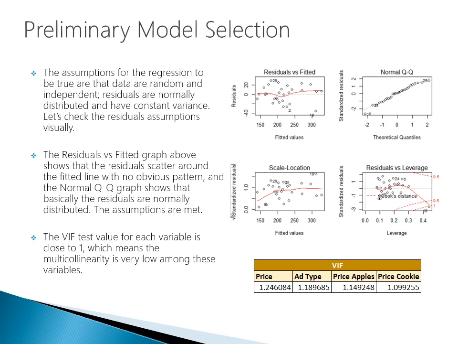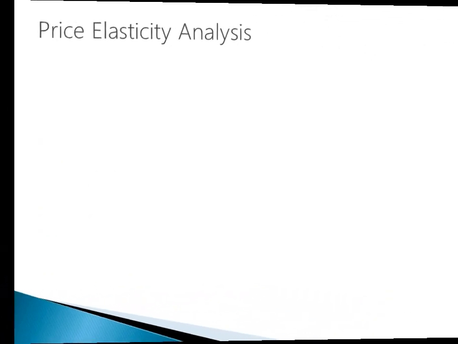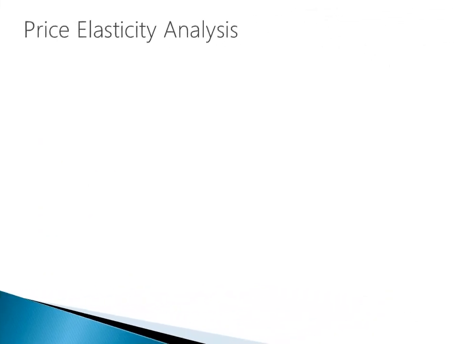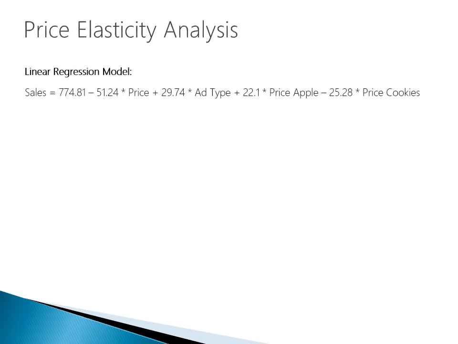If we perform the VIF test, we see that each value is relatively close to 1, which indicates that multicollinearity is very low amongst these variables, which is great. Now that we've properly vetted our linear regression model, we can describe it as following.